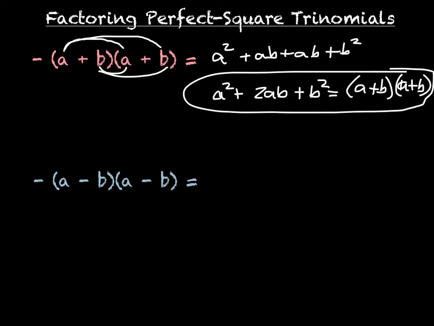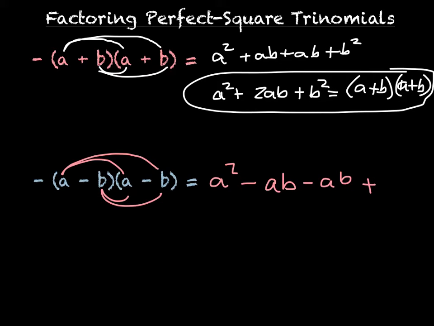And the next one, we have a minus b times a minus b, giving me a squared minus ab minus ab, double negative, minus a negative plus b squared.